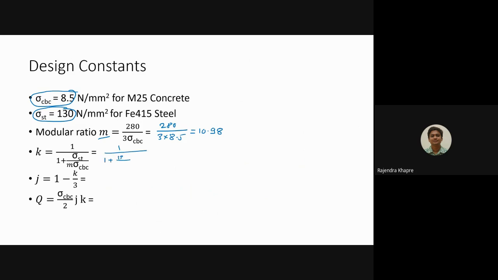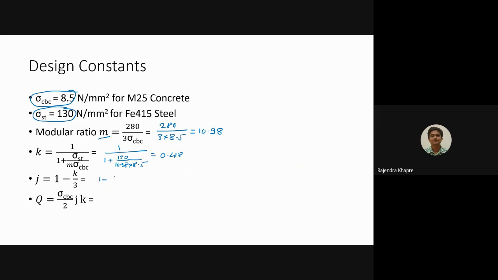Sigma ST is 130, M is 10.98, into sigma CBC value is 8.5. So how much is this? 0.418.